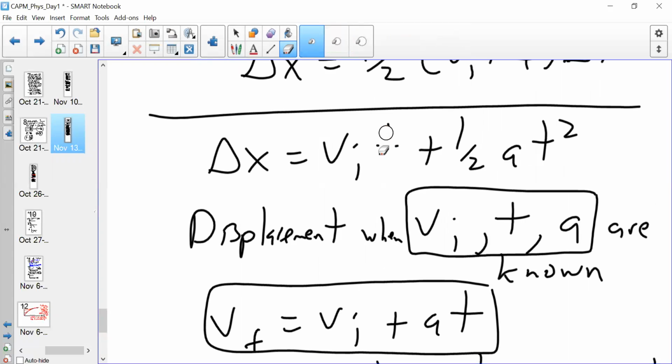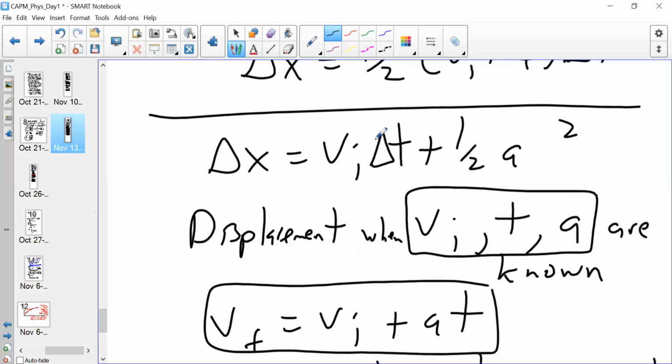That's just me, years of writing this as t, knowing that it's delta t. But anyway, let me not be glib with that. Technically, this is the time interval because it takes time to change anything. It takes time to change position, the delta x, the velocity. This is technically a delta t, but you can see it gets cumbersome after a while. But anyway, we'll write it there for now.